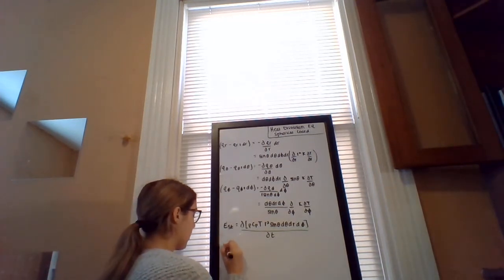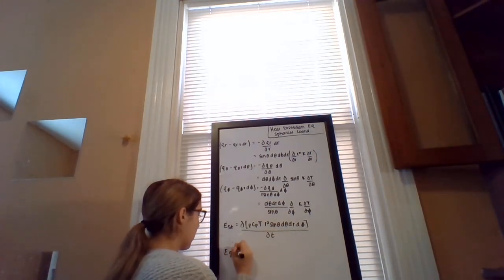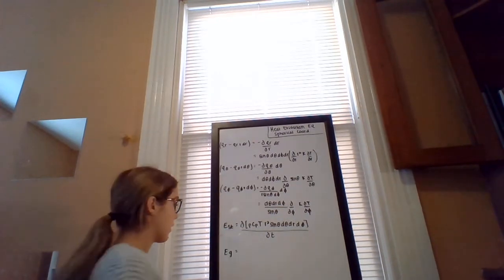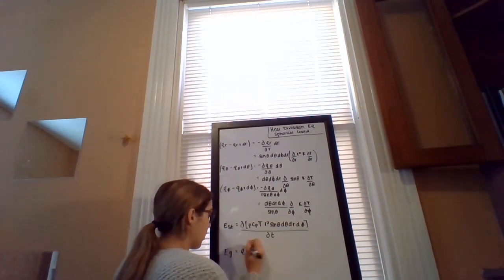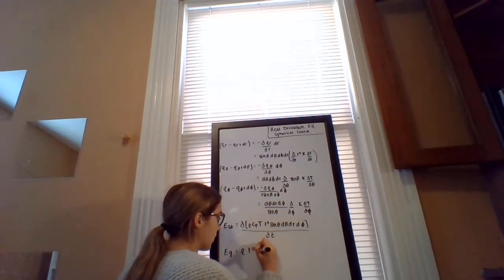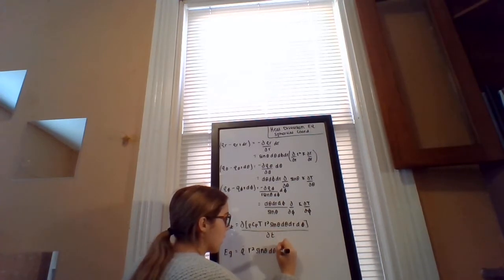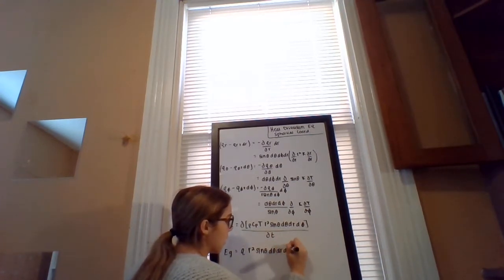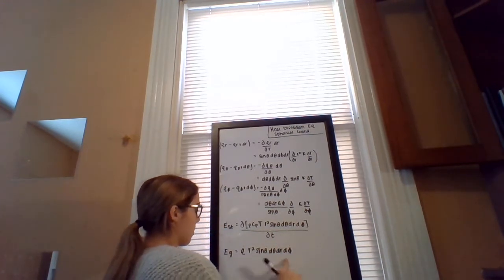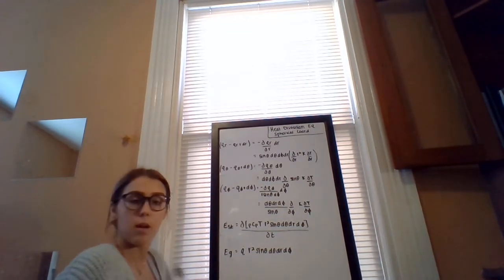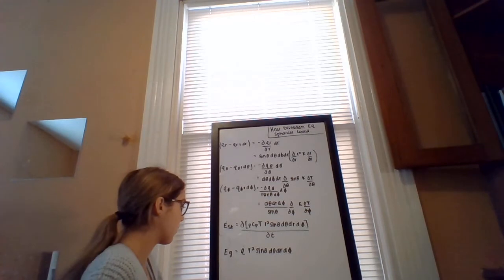And then energy generated. This is also going to be similar to the Cartesian coordinates. It's just going to be q times r squared sine theta d theta dr d phi, which is going to be your volume. And then this is going to be the energy generated rate per unit volume.